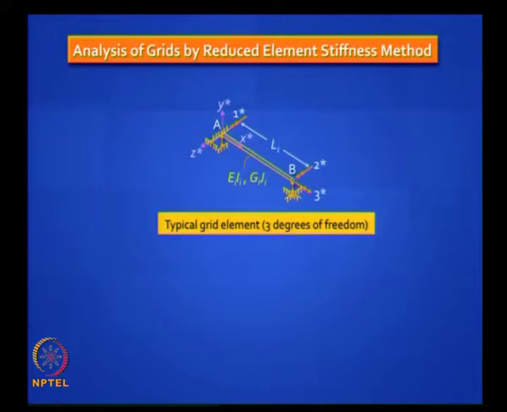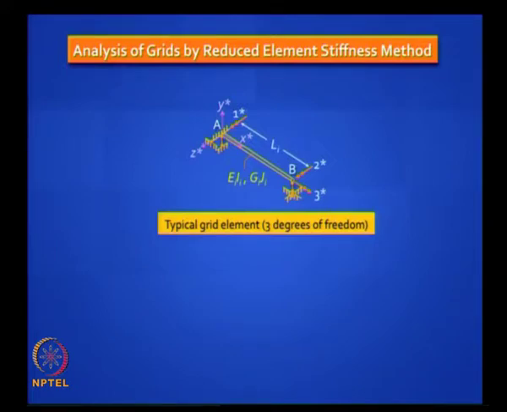So now we are dealing with a 3 degree of freedom system: 1 star, 2 star and 3 star. The 3 star is the new addition over the beam element, and its direction is pointing outward. It is a double arrowhead and you need to give it a new interpretation. Earlier, for the axial element, we had a single arrow pointing outward.